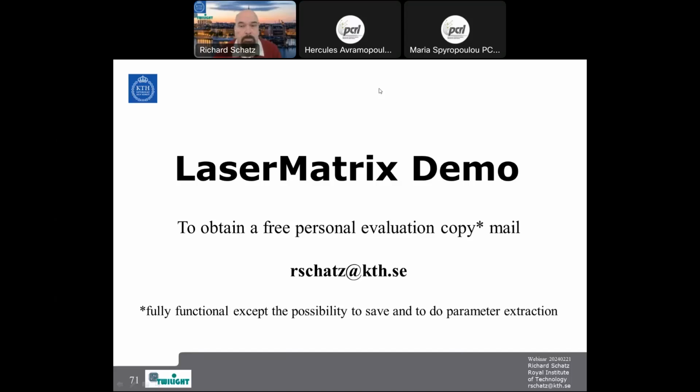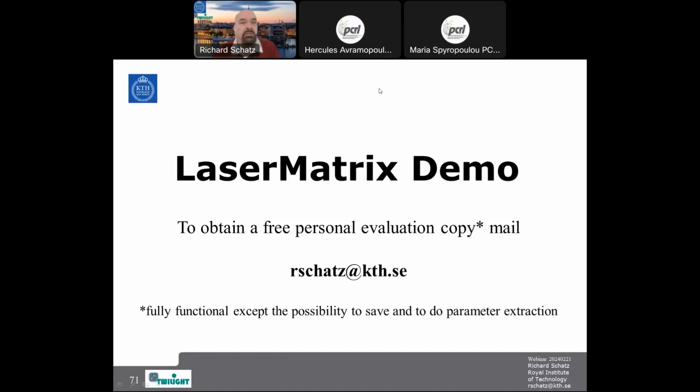Maybe in LaserMatrix you can better define the material system that you want to use. No, in fact not. You have the same possibilities in VPI. I think you can do the same in VPI and define different material parameters for different sections.